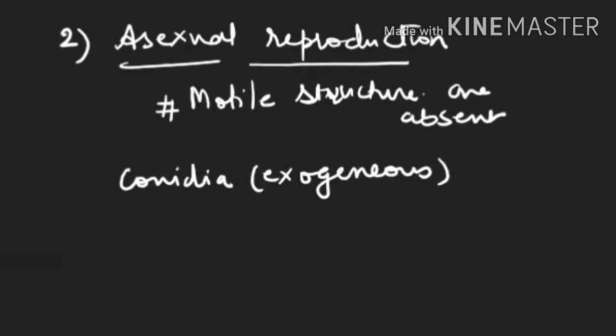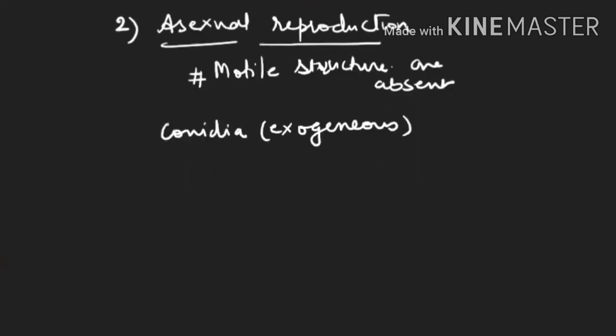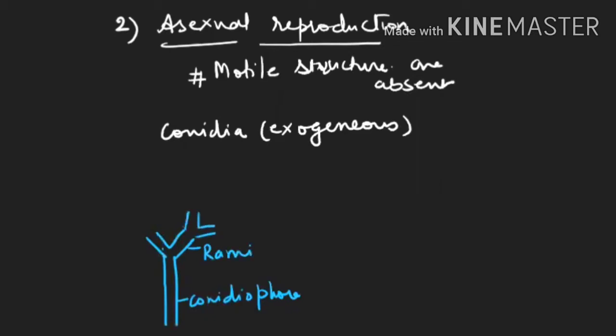So for understanding, we will take a case of Penicillium. Now see in the case of Penicillium, this is the conidiophore, which will be going for first branching, and this branch is known as rami, which will again go for branching, and the next branching is known as metulae.